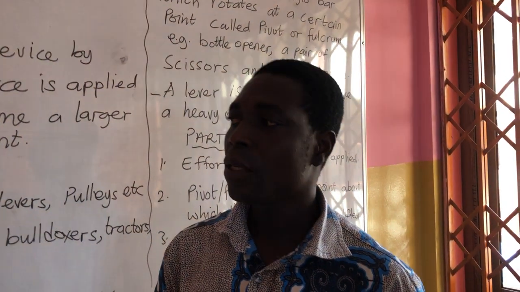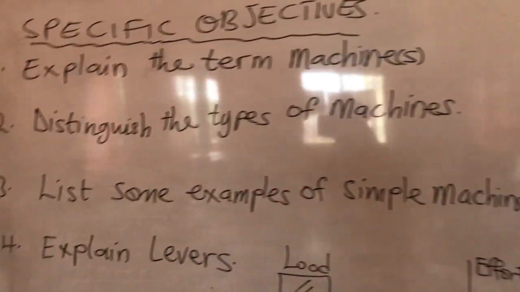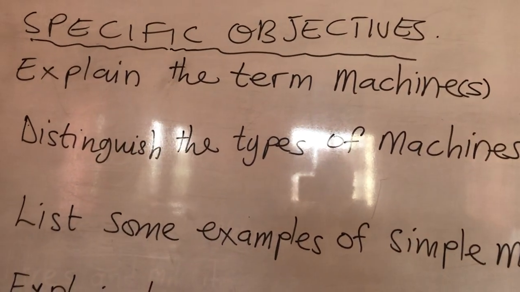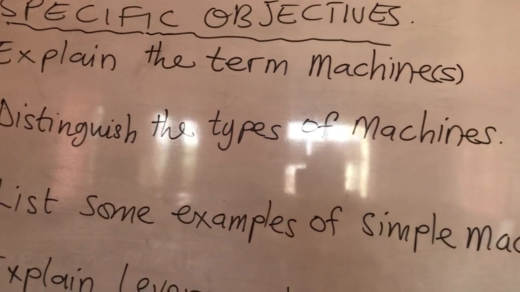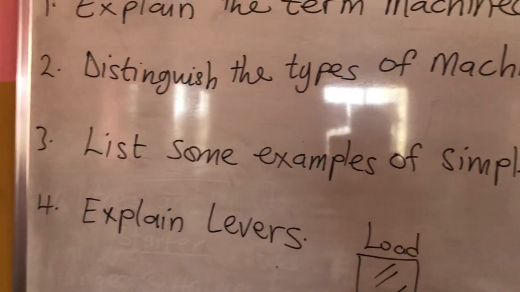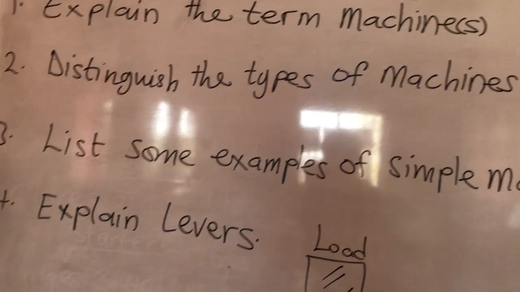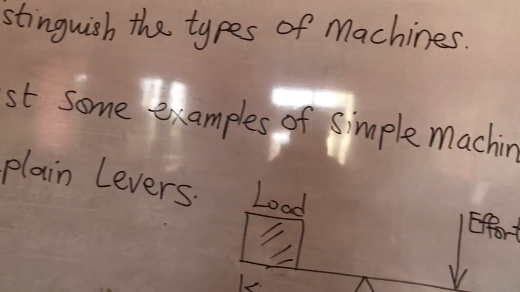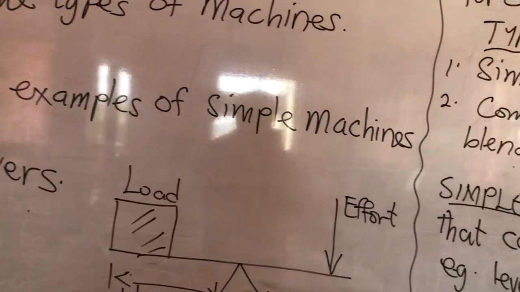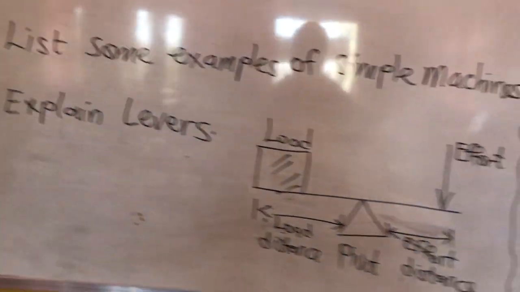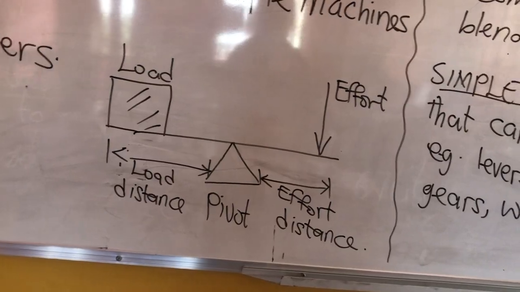Thirdly, you should be able to list some examples of simple machines. And lastly, you should be able to explain levers. These are our objectives for the day, and I'll continue to urge you to pay attention so that we can achieve these objectives together.